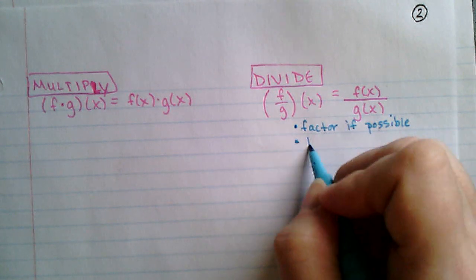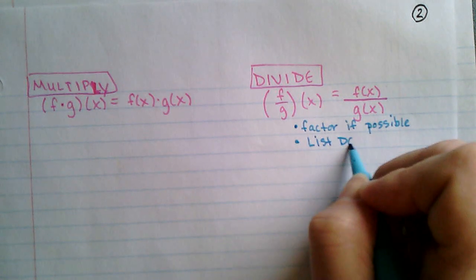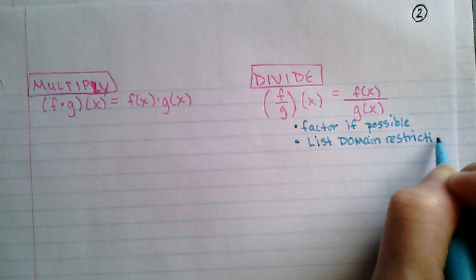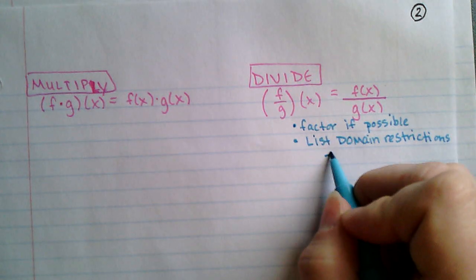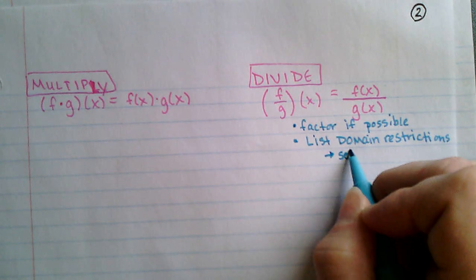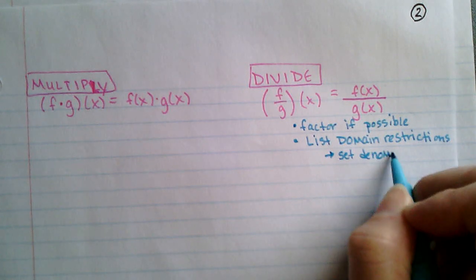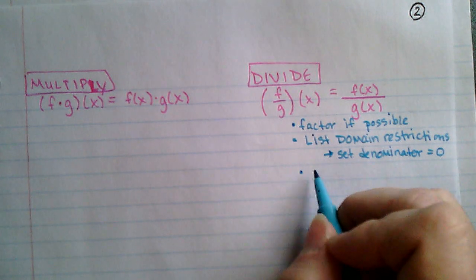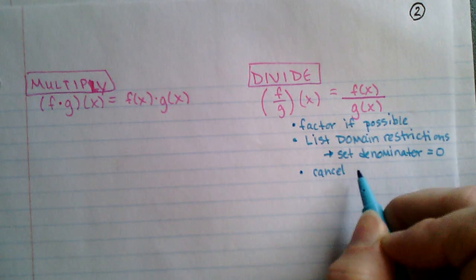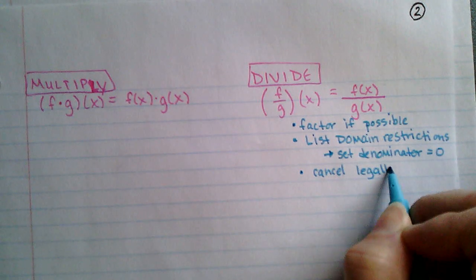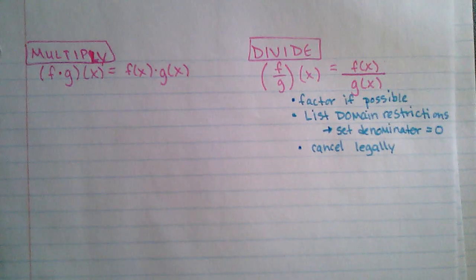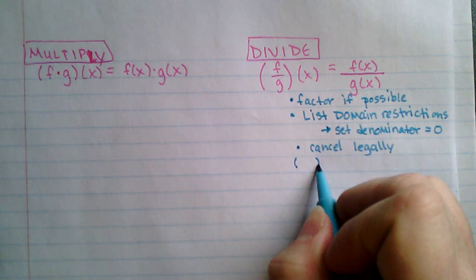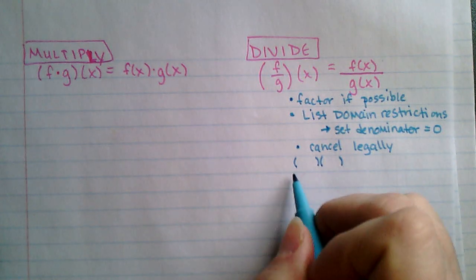After everything's factored, we will list domain restrictions. The domain restrictions would come from setting the denominator equal to 0. That's how we find those. And then we will cancel legally. So in order to cancel legally, you have to have your function factored.